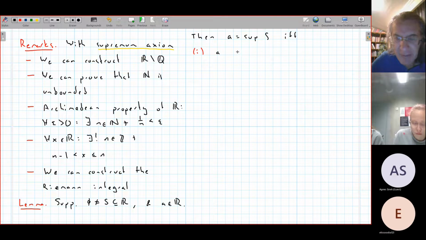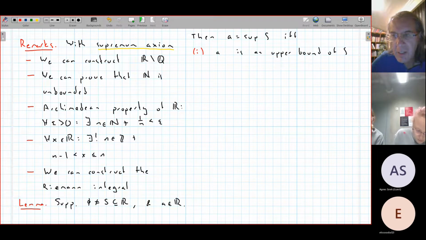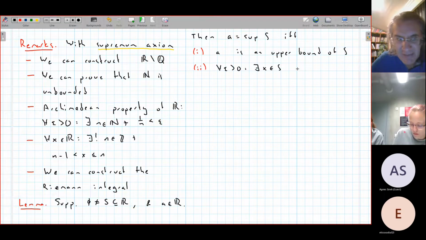First, A is an upper bound of S. And the second is that for every epsilon greater than 0, there exists some x in S with the property that A minus epsilon is less than x.